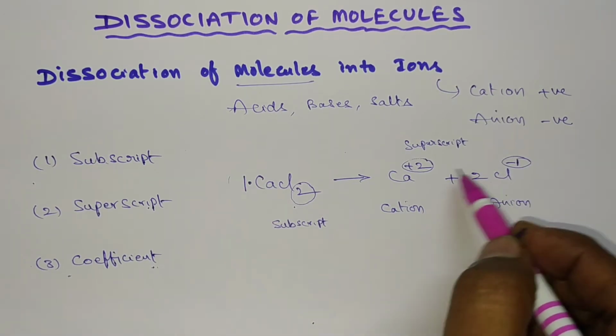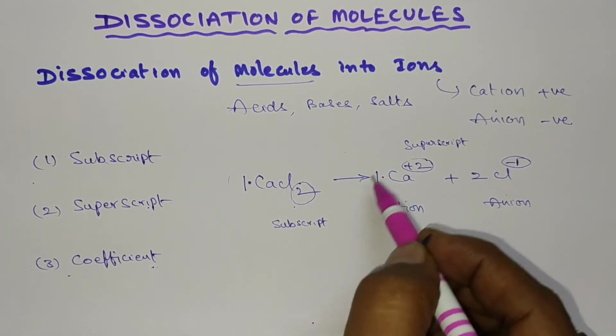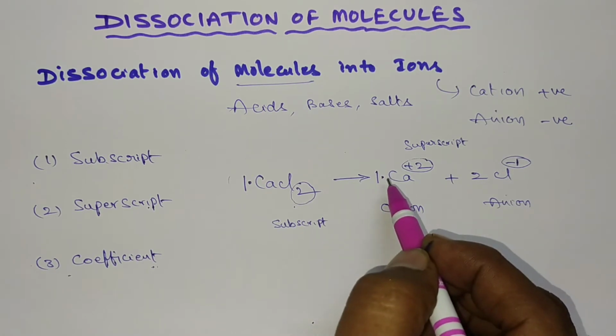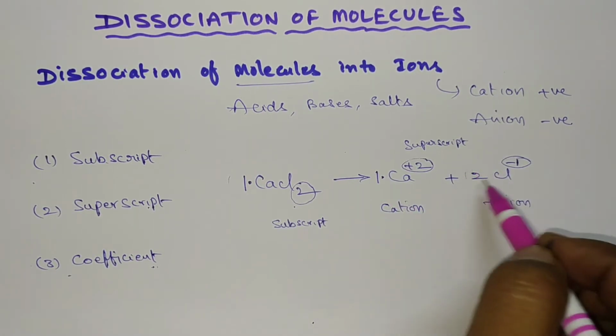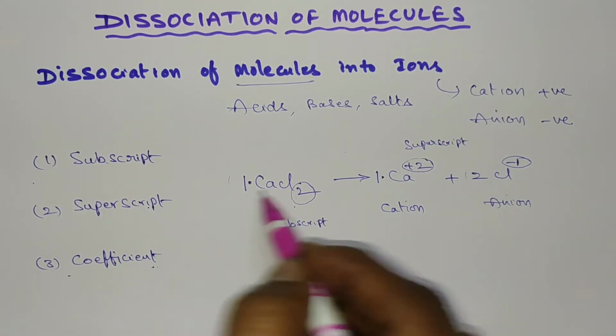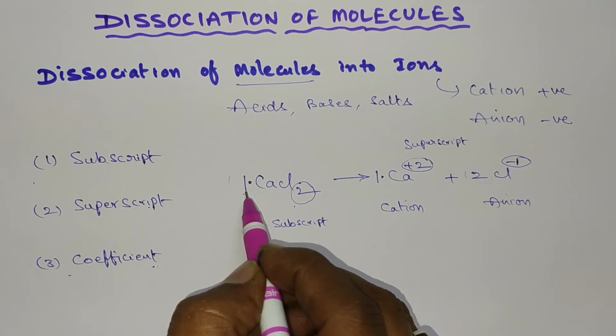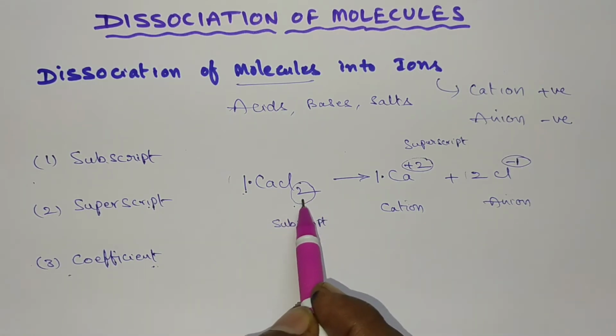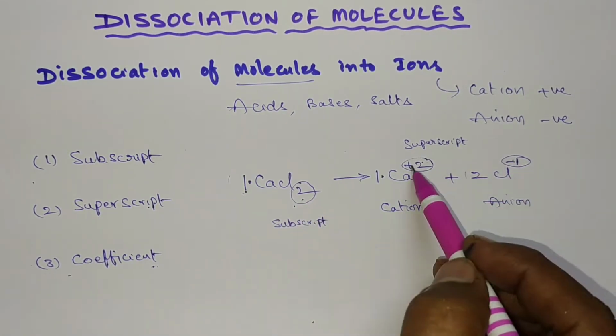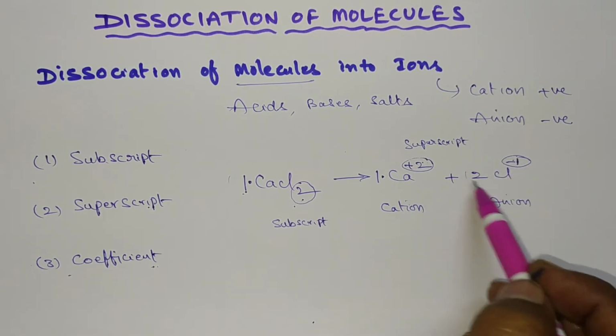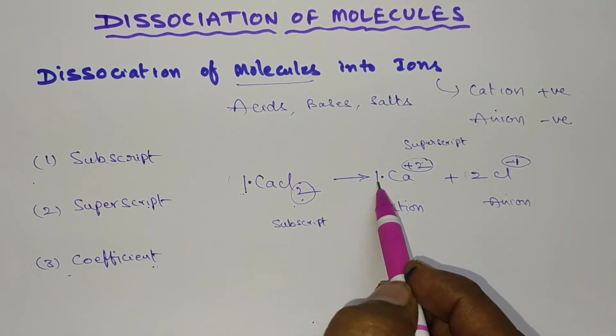Here also 1 is there. If there is nothing, it means 1. Here also 2 is there. So, this 2 is called coefficient. So, this is subscript and these two are superscripts, and this one is called coefficient.